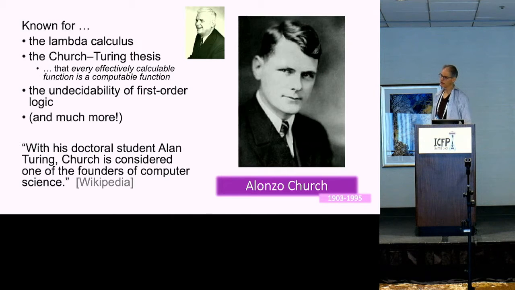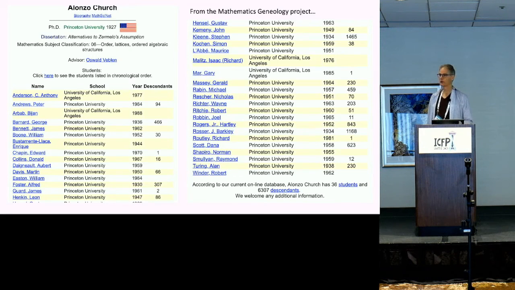What's amazing about Church, though, is not only the number of things that he invented personally, but the number of students that he invented, and the number of things that they invented. So here is the list of Church's immediate students. There's this wonderful mathematical genealogy website. If you haven't played with it, you should.